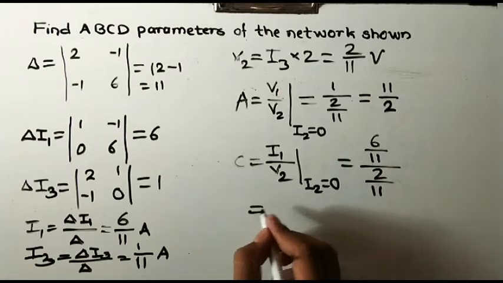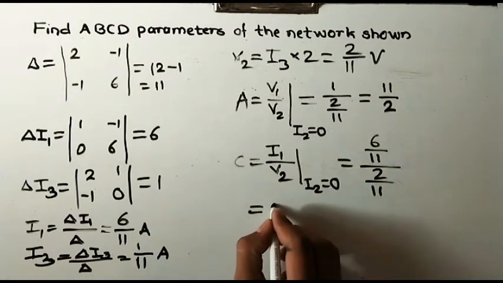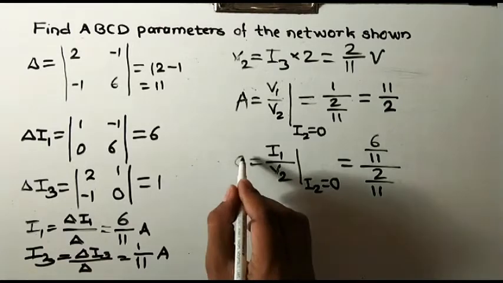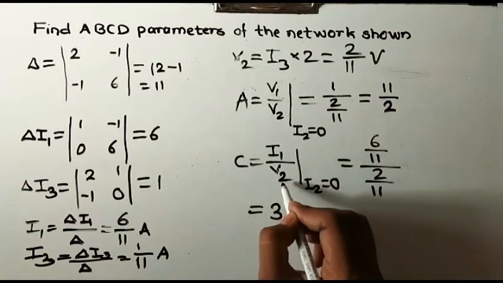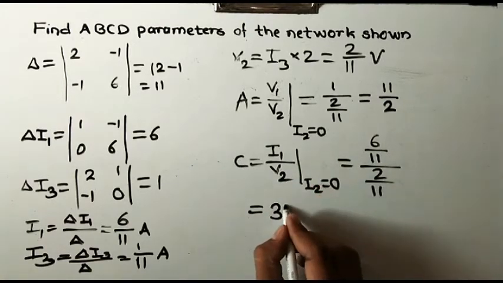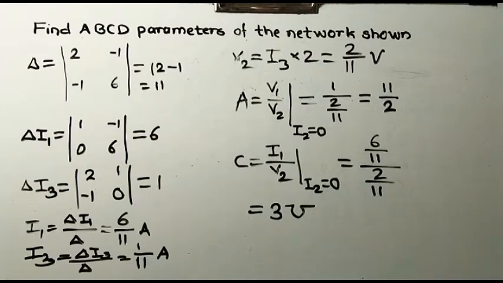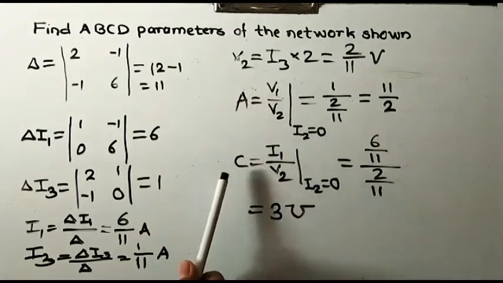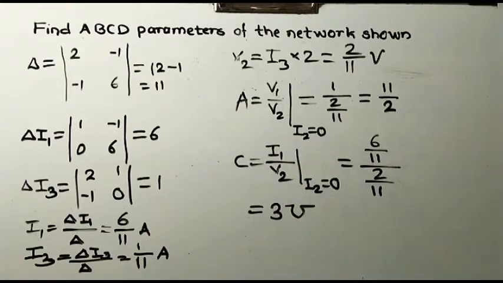After solving it, you will get 3. The unit for C is I upon V, that is mho. So it is 3 mho. So we got A and C by open circuiting the output port, that is port 2.